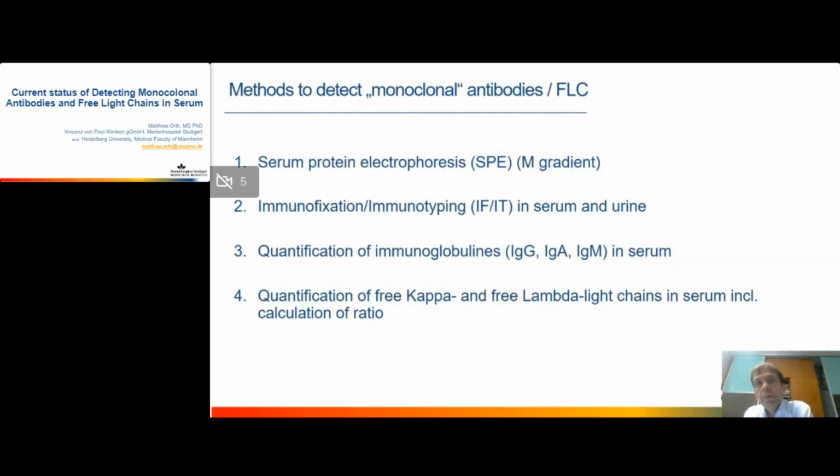Some people also do it from urine, and we'll come to this later on. Then traditionally there's some quantification of immunoglobulins, such as IgG, IgA, and IgM in serum. And there's also, in the focus in the last years, the quantification of the free kappa and the free lambda light chains in serum, and very important, the calculation of the ratio between these two free light chains.